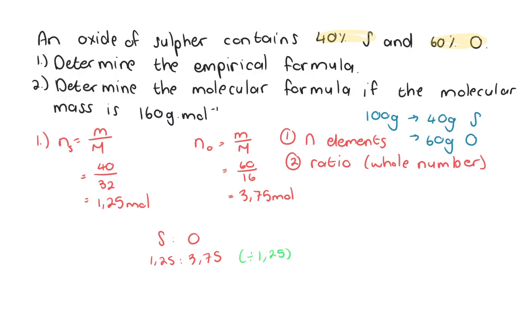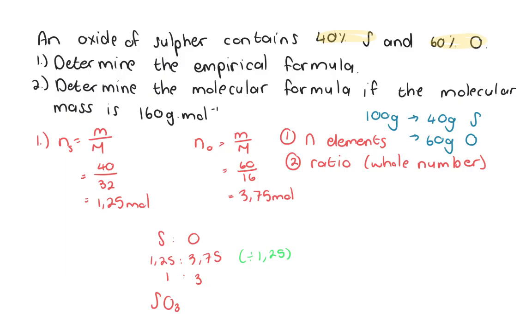This is my smallest number. That tells me the ratio is 1 to 3. That means that for each sulfur there are 3 oxygens. So it's sulfur trioxide. Okay, that's how you determine the empirical formula. That's all there is to it.